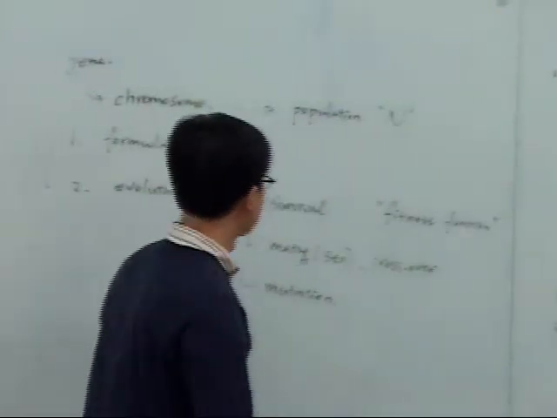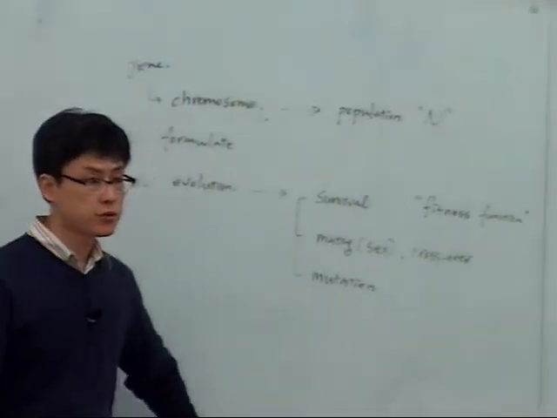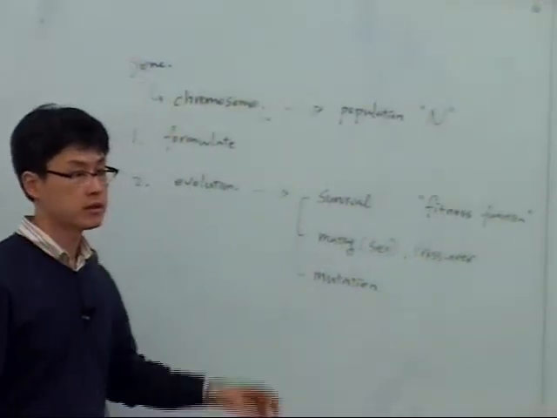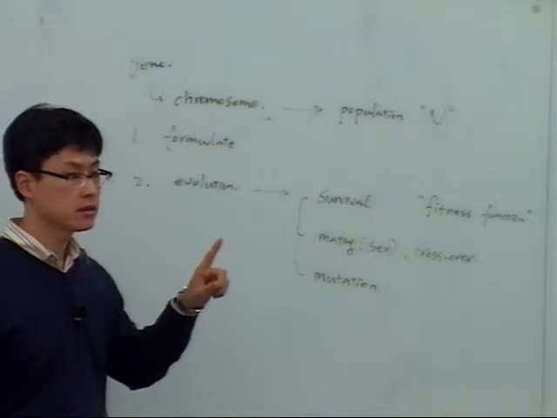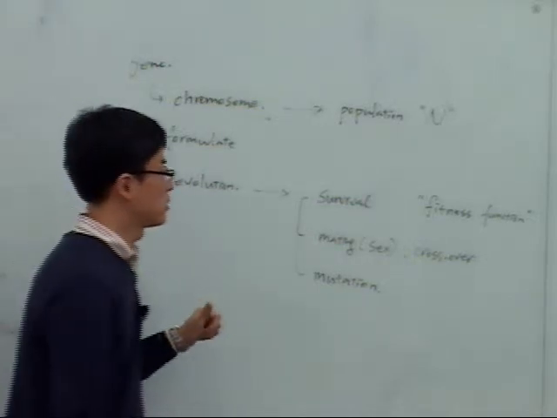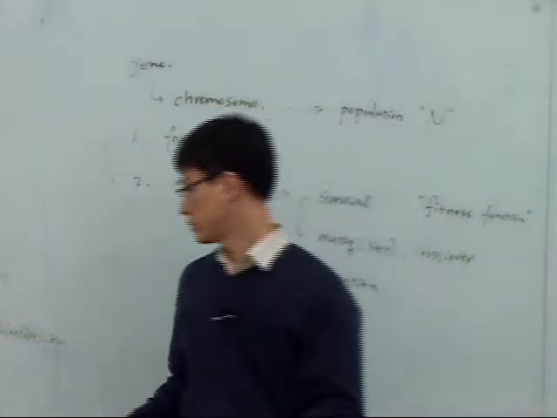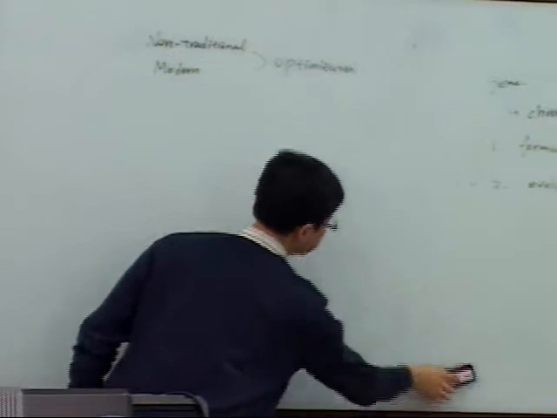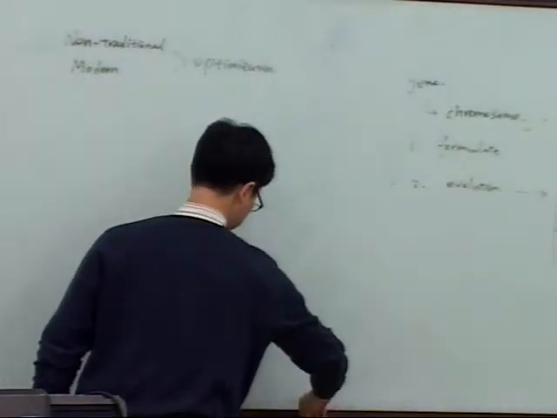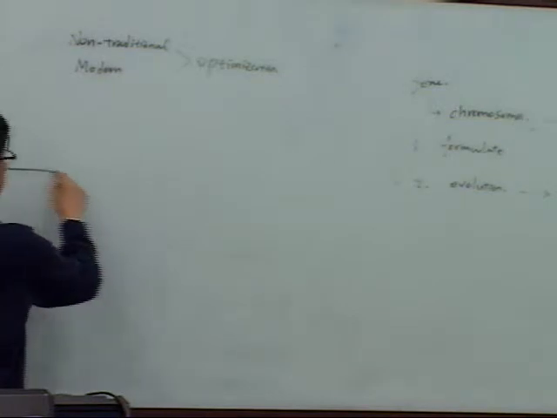Okay, as I mentioned before, each chromosome should represent one single complete solution. So the chromosome for this kind of problem should be like that. Chromosome is a single string of information.